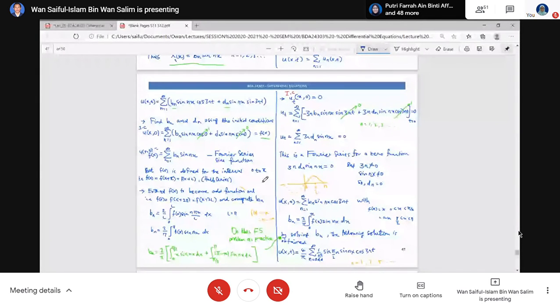Okay, right. And you need to understand both equations. You need to understand this topic. You need to practice and try and solve it, because it will be a compulsory question in your final exam. Wajib jawab ni, tak boleh tinggal soalan ni. Fourier series dengan partial differential equation memang tak ada pilihan, you have to jawab. You have to jawab. Right?